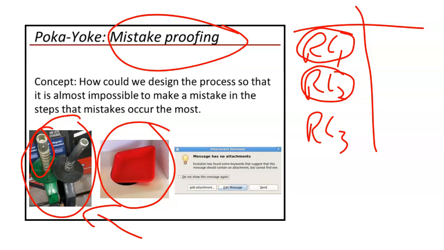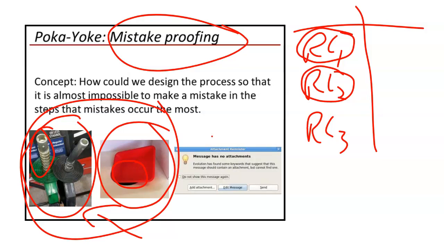That costs the organization thousands of dollars. So in future state, one of the solutions we came up with was to make sure that the trash bin hole was smaller than the tray itself. There's another example of mistake proofing the system. Now, in both cases, these were using physical jigs or physical devices to help prevent the error from happening.